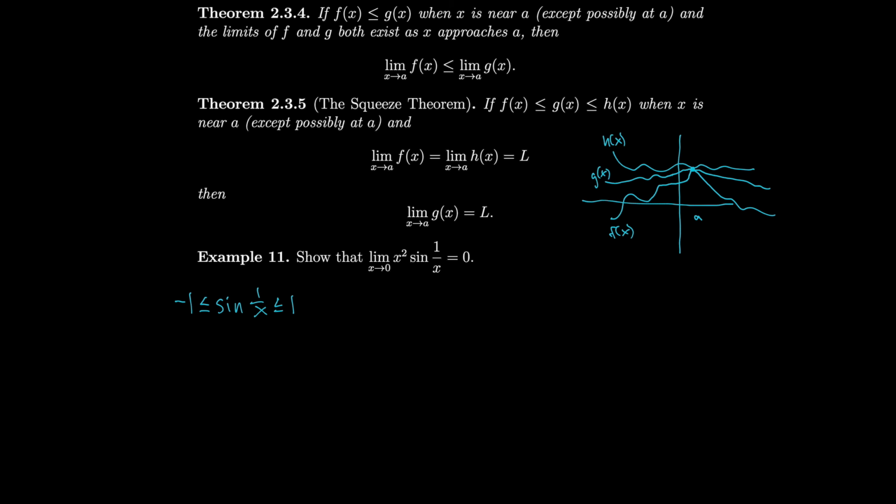Okay, notice that we're near 0, but not equal to 0. So we're not considering x values where x is 0. We're only considering x values where x is potentially bigger or smaller than 0, which means that x squared is strictly positive. So we can multiply by it.